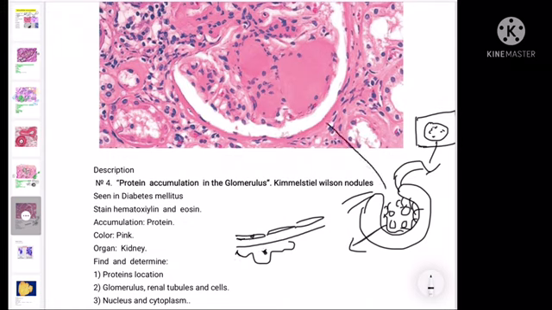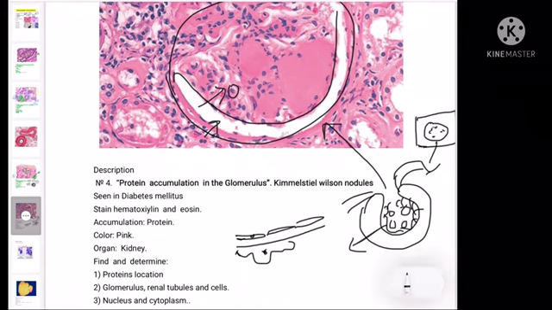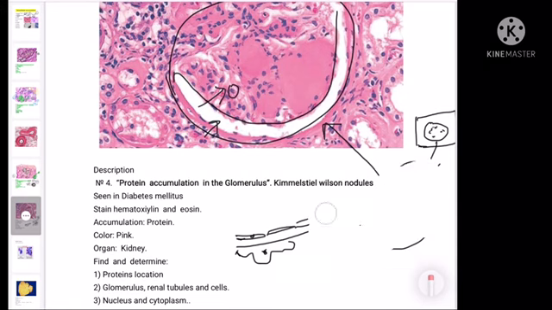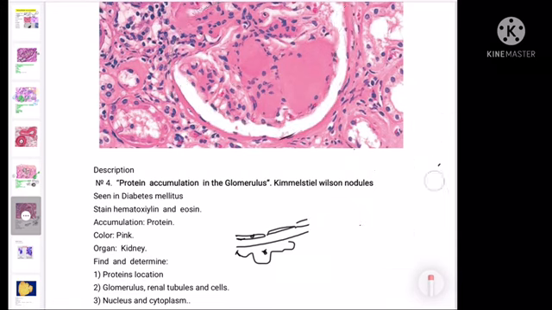So in this image we can see that this one is the glomerulus, this one is the Bowman's capsule containing fluid, and this is the mesangium along with the cells of endothelium, podocytes, and the basement membrane. So what we are trying to find in this image is some abnormality, some accumulation.